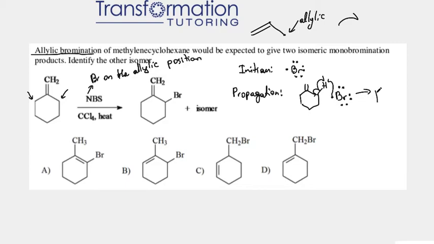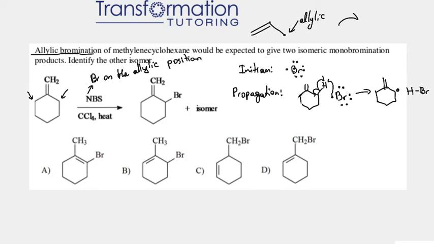The electron went to the carbon, so there is an electron here now, and hydrogen got together with bromine to make HBr. So this is our radical intermediate. Notice this radical is in an allylic position. It's on the carbon next to the double bond, like we predicted it would be.